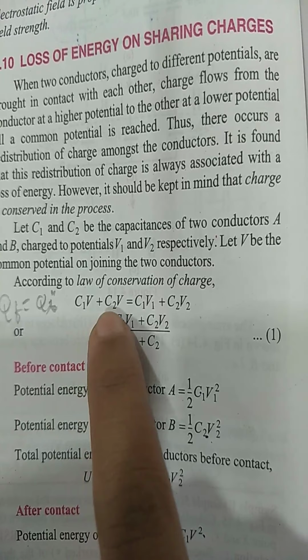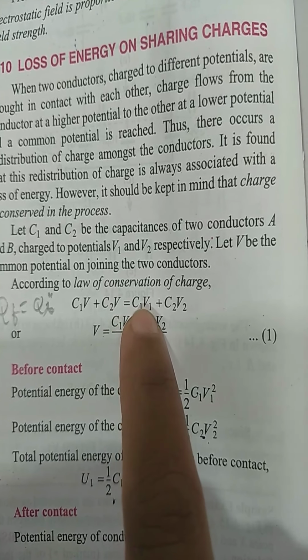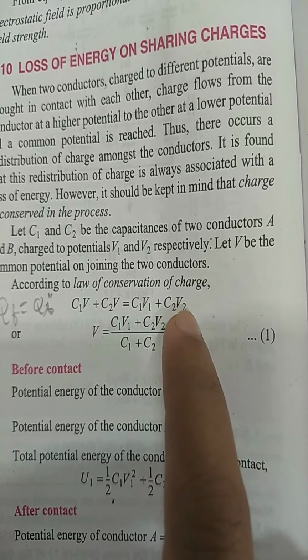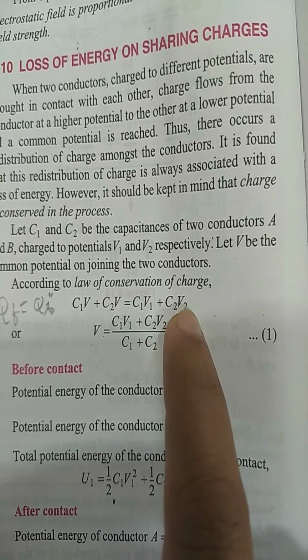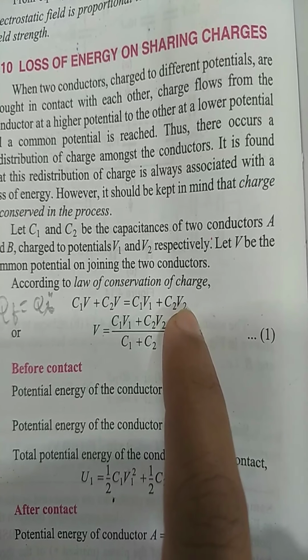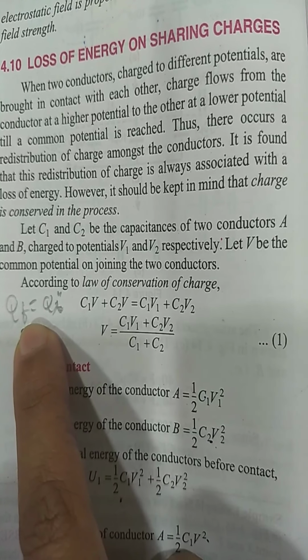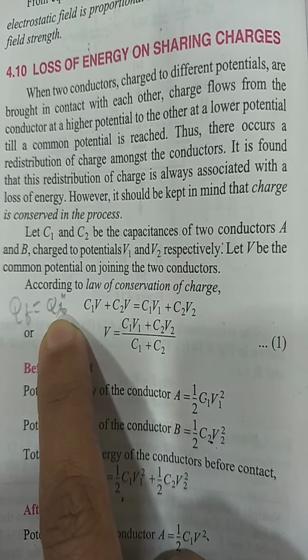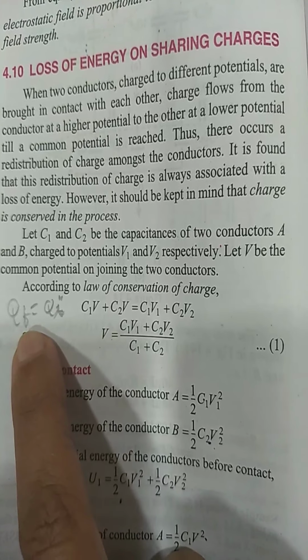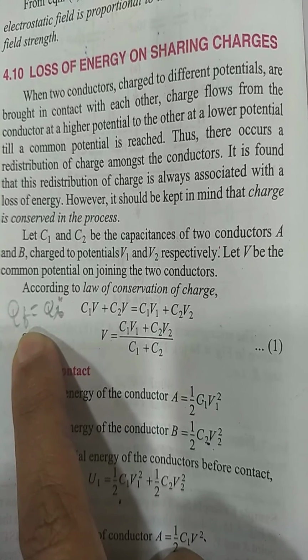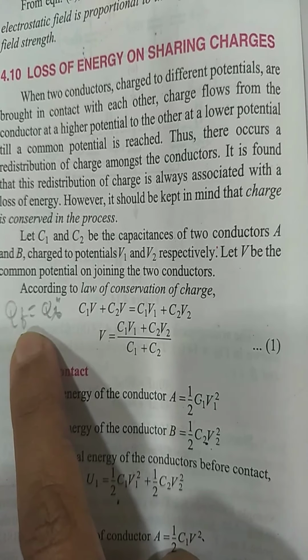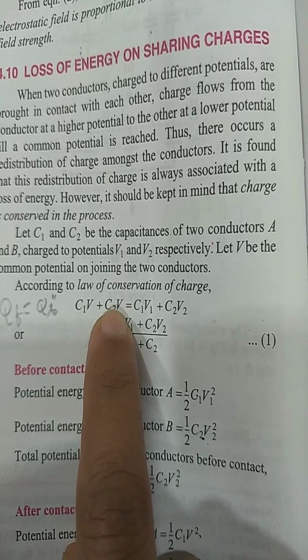So C1V plus C2V is equal to C1V1 plus C2V2, because we know Q is equal to CV as per the definition of capacitance, and final charge is equal to the initial charge. Again I repeat, law of conservation of charge. Finally the potential will be the same.